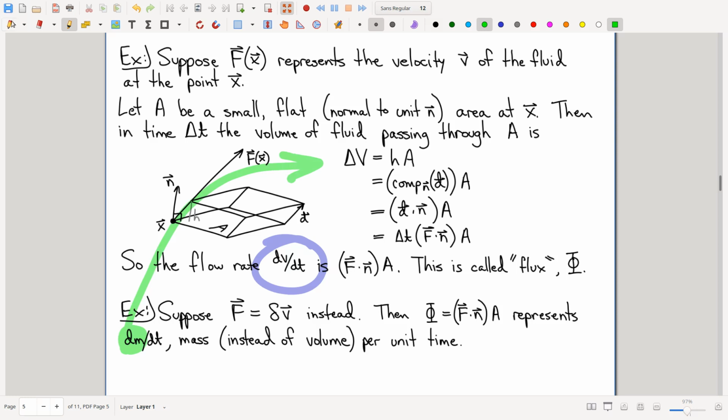And the thing is, mass is density times volume. And we've already written down a formula for the volume. So let's just throw in that extra factor of density, and we get to reuse a bunch of information that we already had. Notice this factor of density.